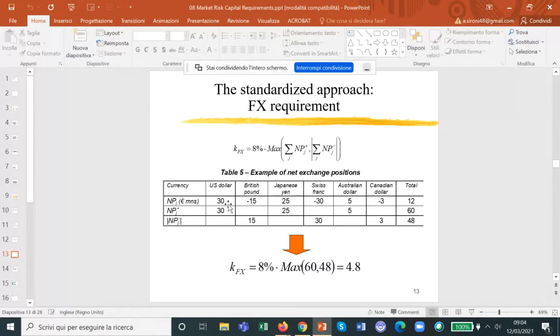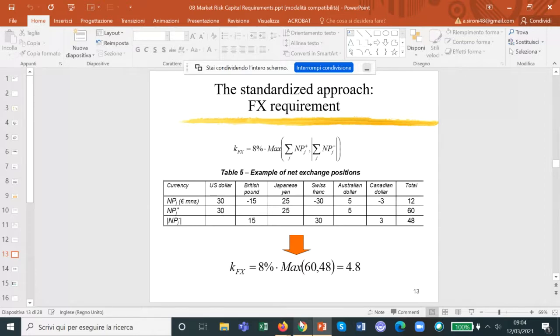Now, the sum of the long positions is 60, okay? The sum in absolute value of the short positions is actually 48, okay? So the long positions amount to 60 and the short positions amount to 48.